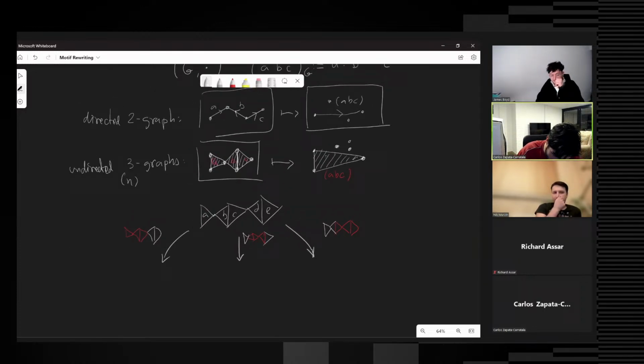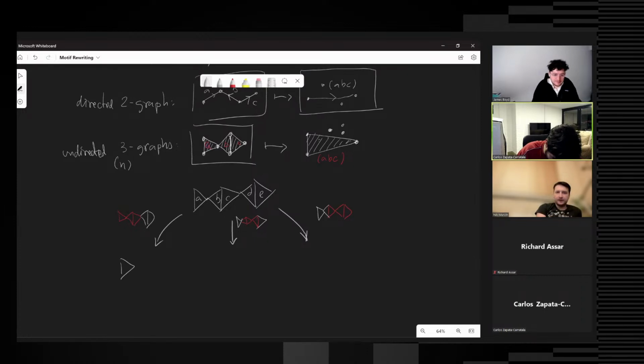Each of these looks like a fish. Let me use my color code a bit consistently. So this is here, this is here, and this is here, and the rewritten part is this longer triangle, this longer triangle, and this longer triangle.